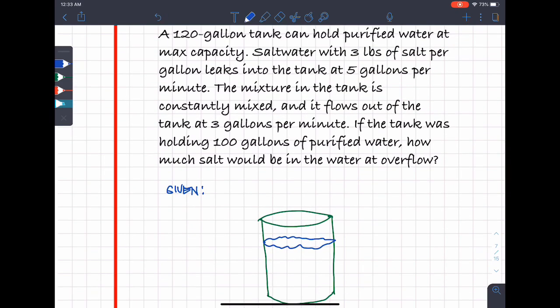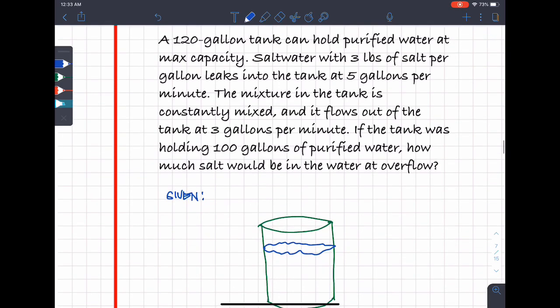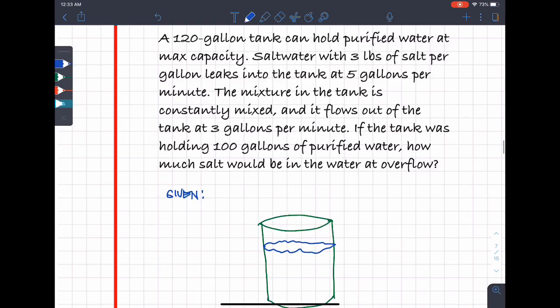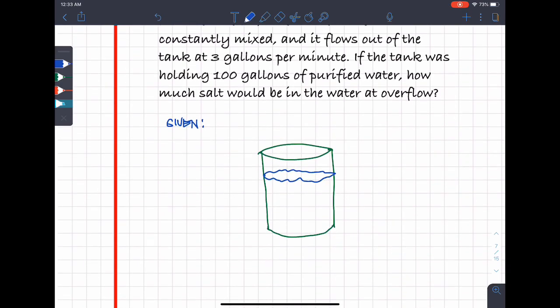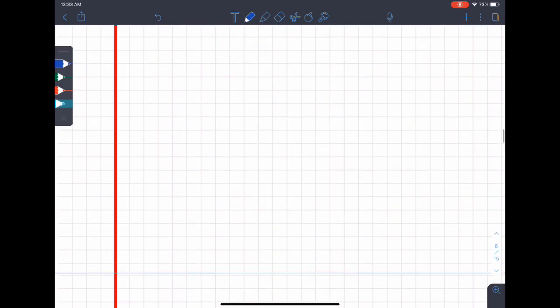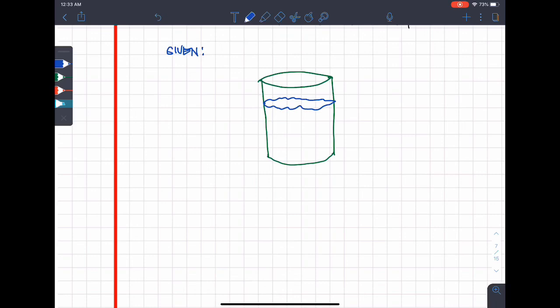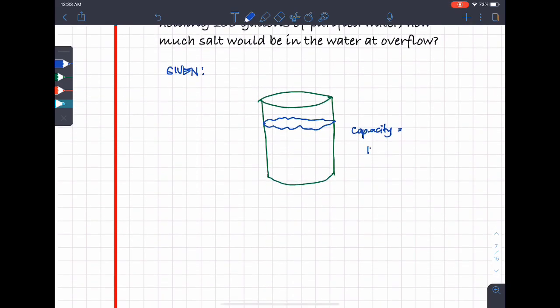Initially, we have a 120 gallon tank, meaning the 120 would be the maximum capacity of the tank. So the capacity is equal to 120 gallons.